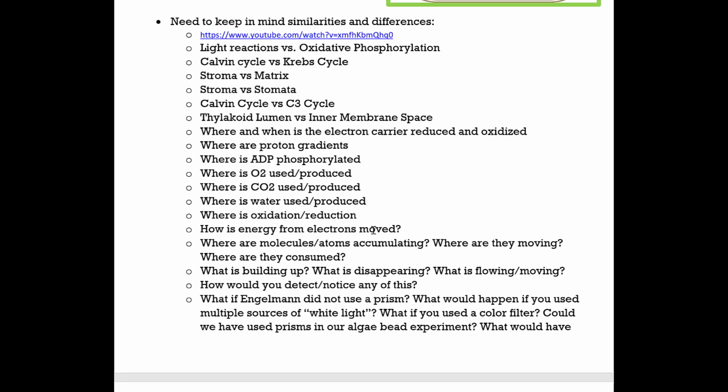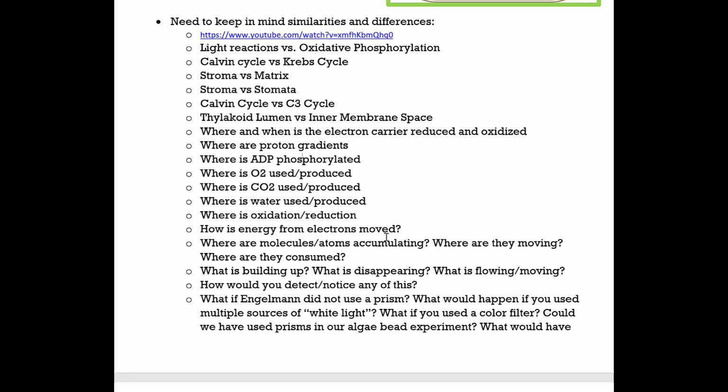Energy is moving in electrons via the electron carriers. Electrons removed from water will be added to the chlorophyll molecule in the reaction center of photosystem 2. And then those electrons will gain all the energy from the light harvesting complex pigments.